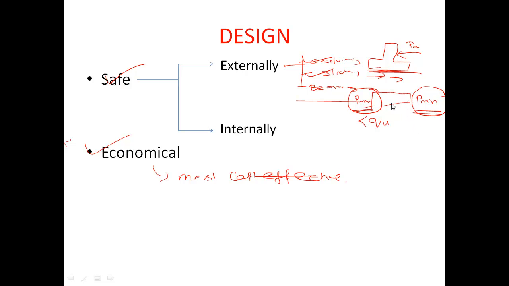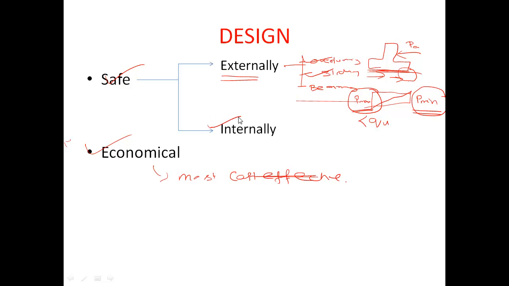If it is negative, that means there is a loss of connection between soil and heel. We don't need that. So the design should be externally stable: it should not overturn, should not slide, and should not fail by bearing pressure.